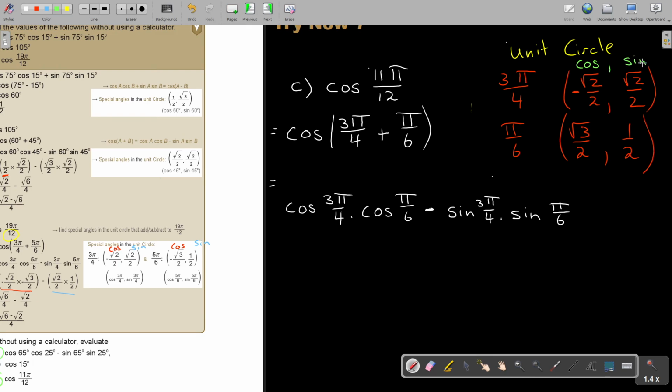Okay, now I can fill it in. Okay, so cos, I'm above cos, what is it going to be? It's going to be negative square root 2 over 2. There it is. Then it's cos still, so multiply square root 3 over 2. Then it's sin 3/4. So what is it going to be? There.